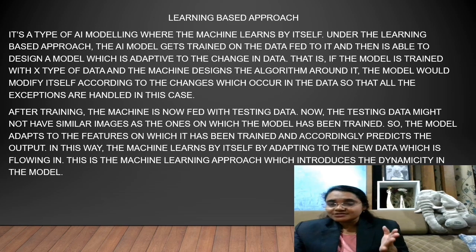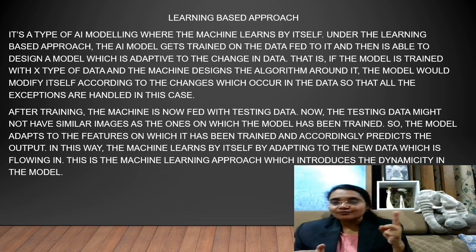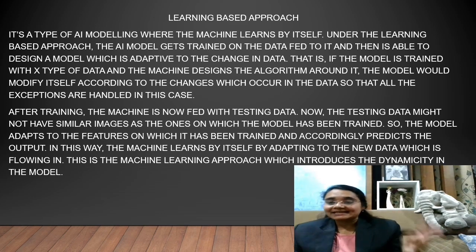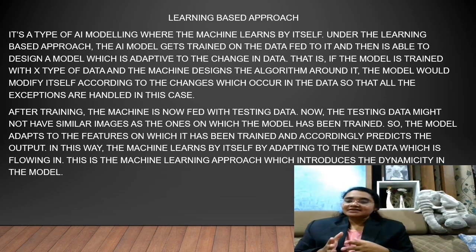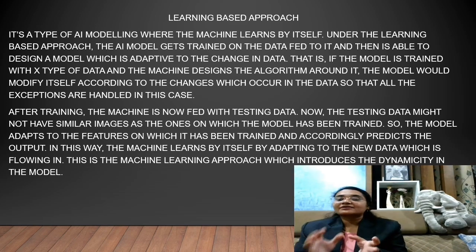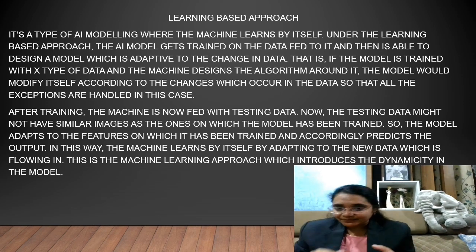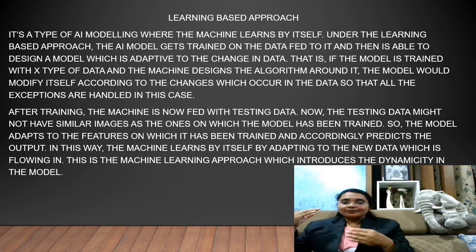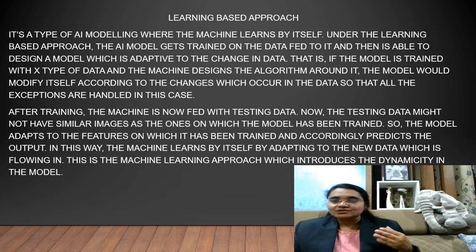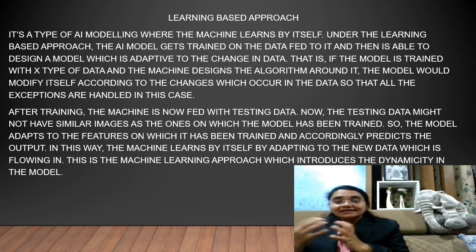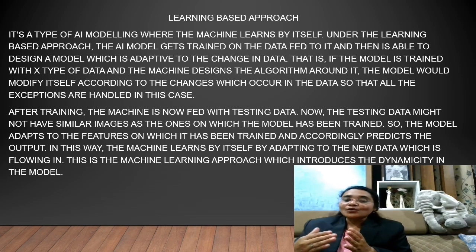Here, we have two types of models in modeling. One is the rule based approach, the second is the learning based approach. The rule based approach comes under supervised learning, where the programmers follow only the rules. In the learning based approach, it follows machine learning programming also, where beyond whatever rules the programmers have given, it extends further and learns more.